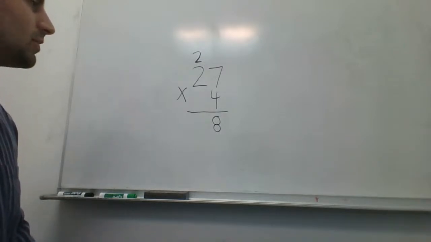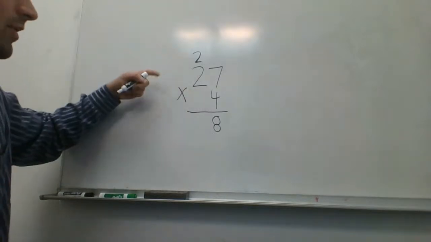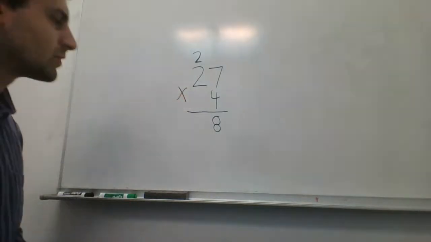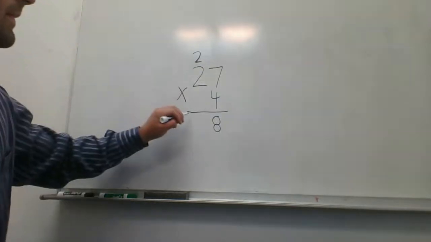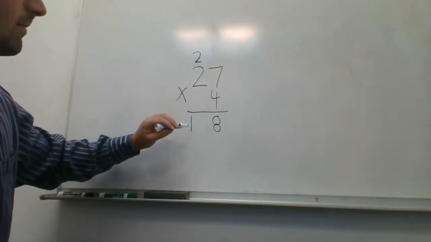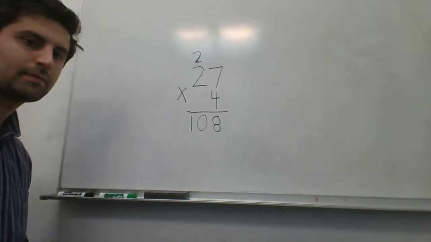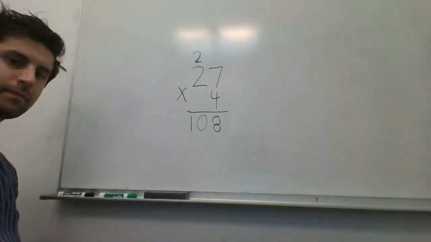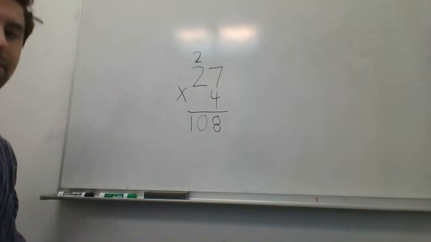Now I'm going to multiply 2 times 4, and then whatever I get for an answer, I have to add 2 to that answer. So 2 times 4 equals 8. Once I add 2 to my answer, I get 10. So we have our final answer. 27 times 4 equals 108.